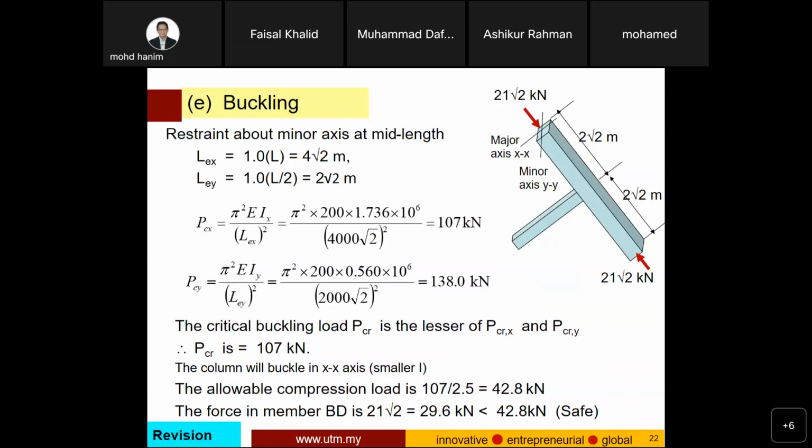In this case, PCY is greater than 107. So the critical buckling load PCR is the lesser of PCRX and PCRY. So PCR is 107.